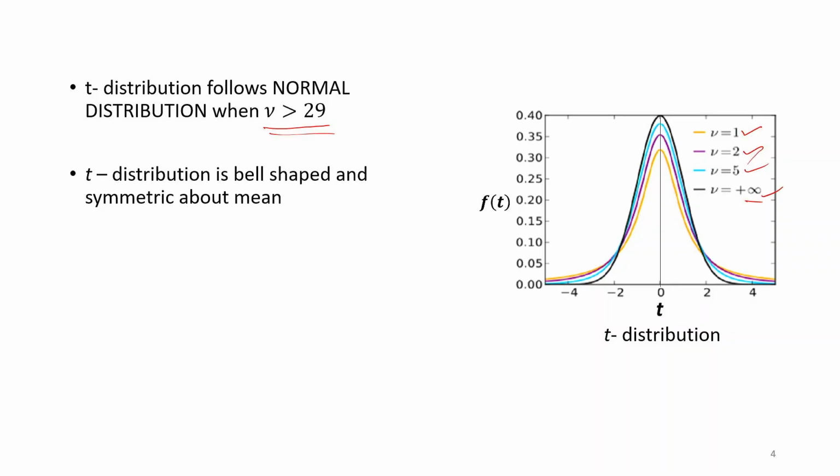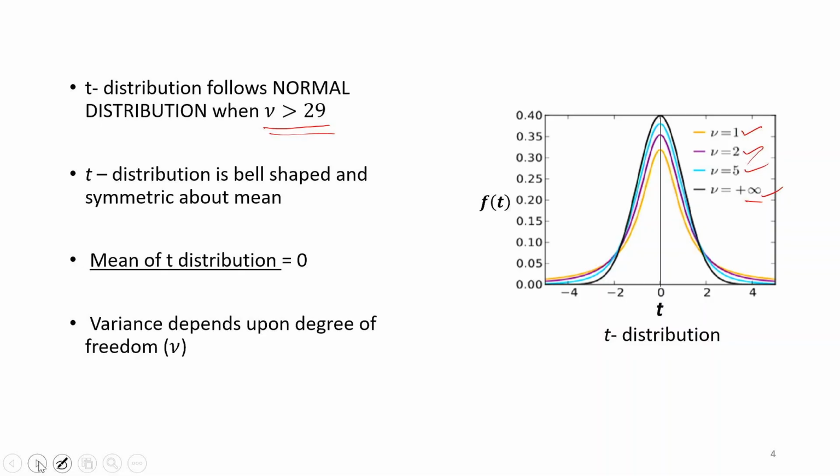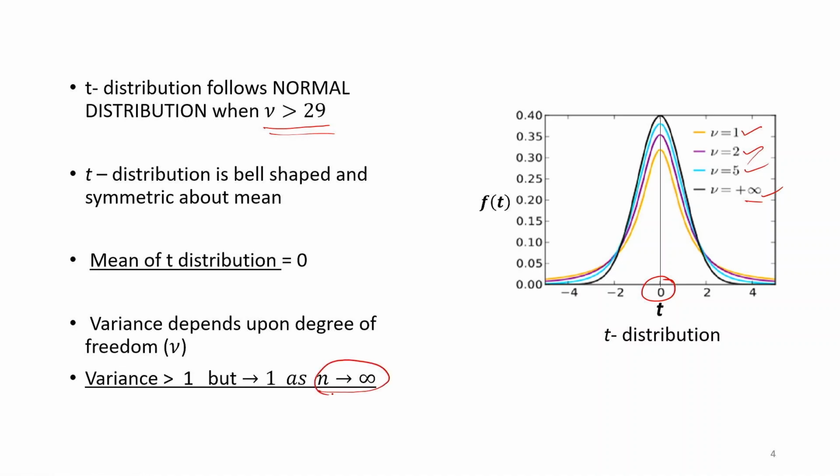Otherwise, we will generally consult the t distribution. The mean of the t distribution is 0, which is shown here. And the variance depends upon the degree of freedom. Variance is greater than 1, but it tends to 1 as n tends to infinity.